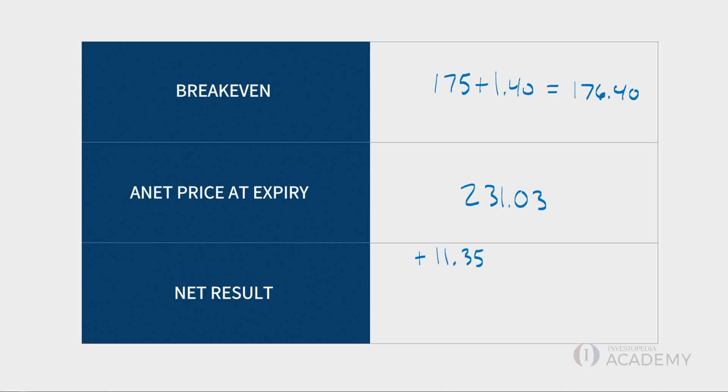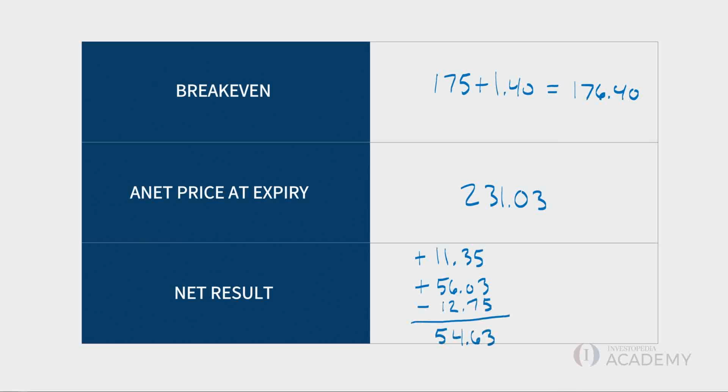Now for the call, at expiration, the 175 call is worth $56.03. But remember, we paid $12.75 for that call. Add all of this together, and you made $54.63 on the package.